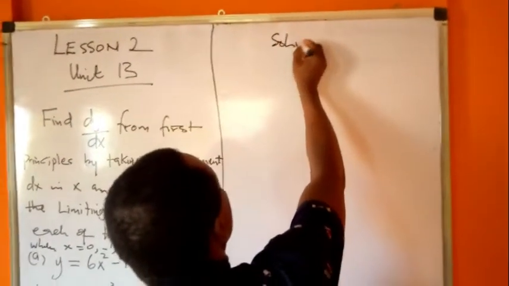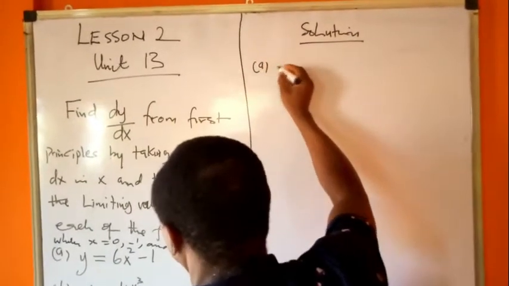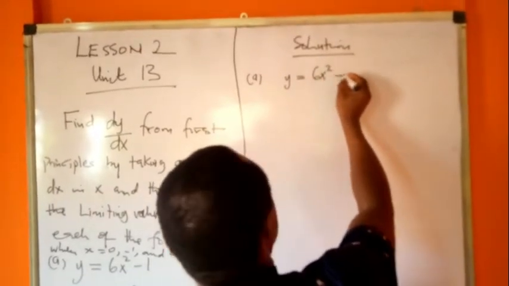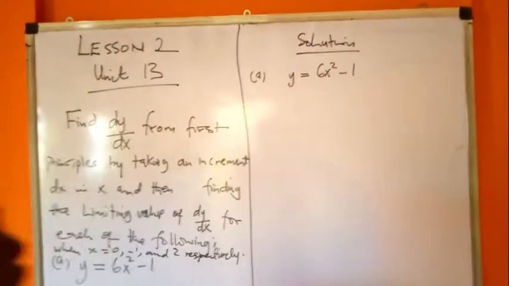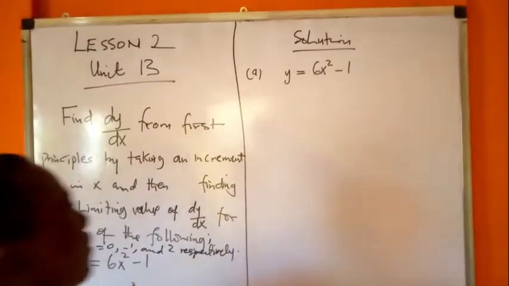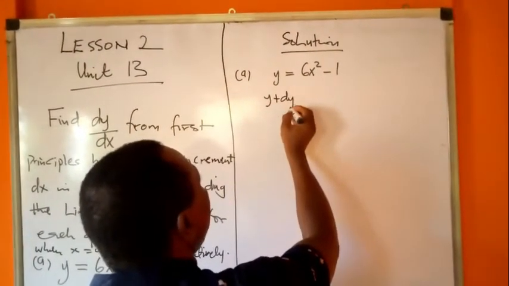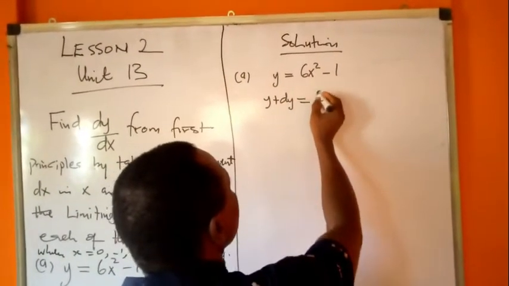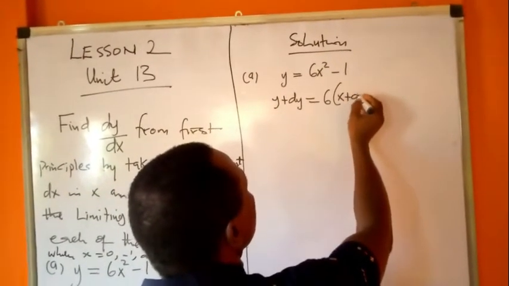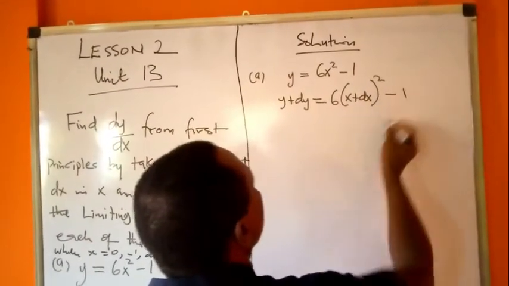Solution. A, y is equal to 6x squared minus 1. That is what you have. y equals 6x squared minus 1. You go straight: y plus delta y is equal to 6 into x plus delta x, squared, minus 1.